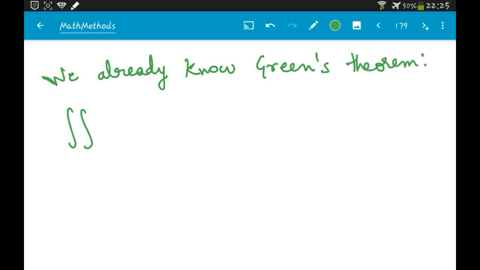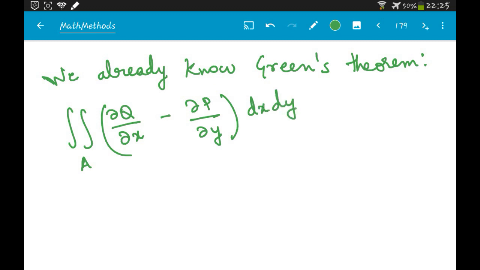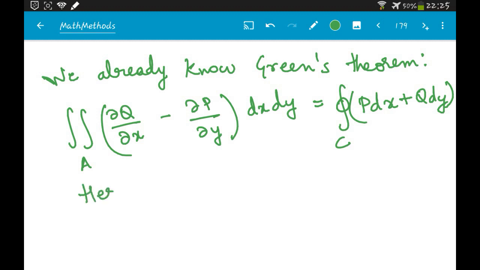It was a double integral over the area A of ∂Q/∂x minus ∂P/∂y dx dy, which is nothing but the integral over the boundary or the contour which binds the area A, of P dx plus Q dy. Okay, this is our Green's theorem. Here P and Q are arbitrary.